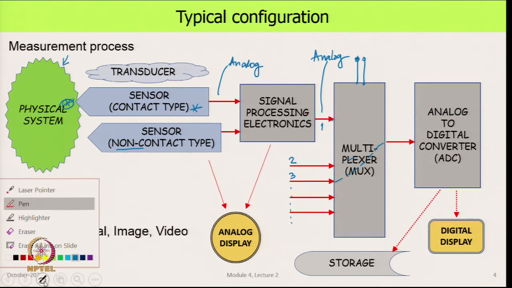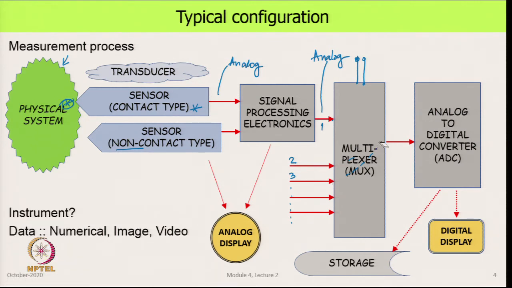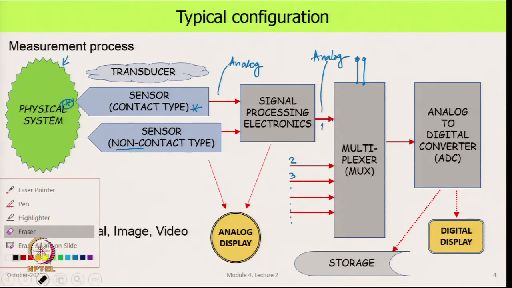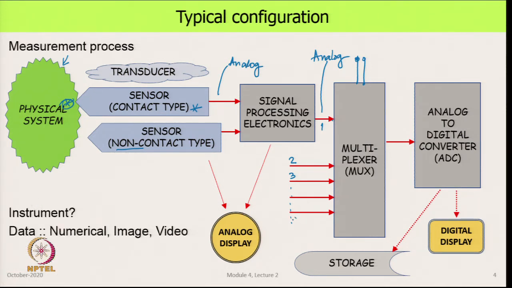So, in this way we can go one by one and connect every instrument to the output in this cycle, and if there are say 8 such instruments connected here, then after the 8th has been done, it could then go back and start with the first one again. Again it will go to 1, 2, 3, 4, 5, 6, 7, 8 like that. So, a lot of parallel inputs are being converted into a series of serial outputs. The data here though is still analog.